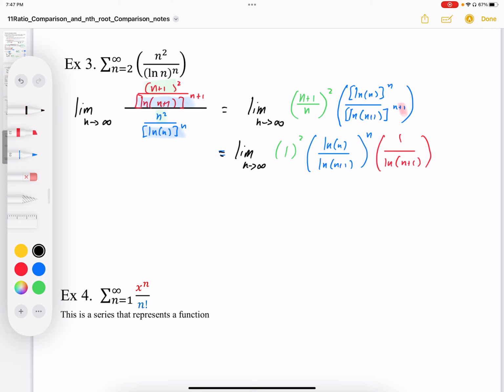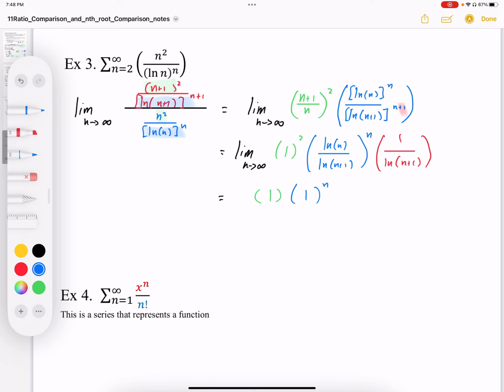Okay, so evaluating this limit then, this becomes 1 squared, which is 1. This is log n over log n plus 1, so that's log infinity over log infinity. Well, that's the same infinity, so we're just going to say that's equal to 1 to the power of n.